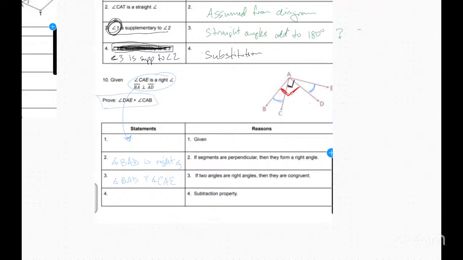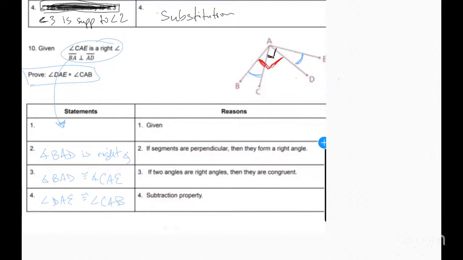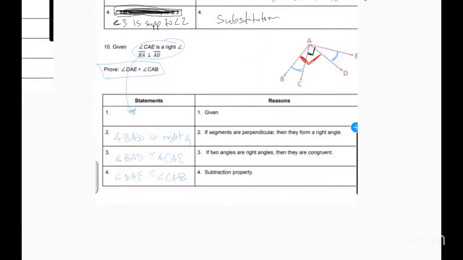And they're saying you're subtracting the same angle, right? You're subtracting CAD from both of them. You don't have to really say that, but that's what's happening here. You're subtracting CAD, that angle, this one right here, from two equal angles. And what are you left with?